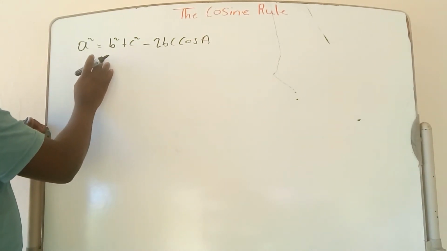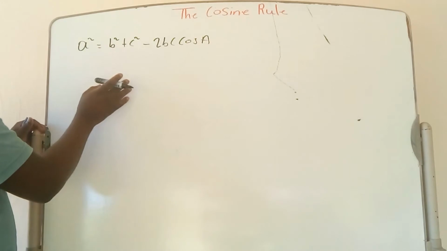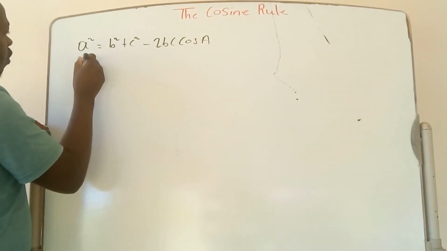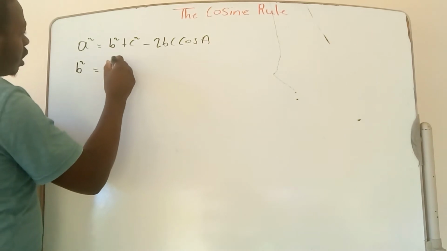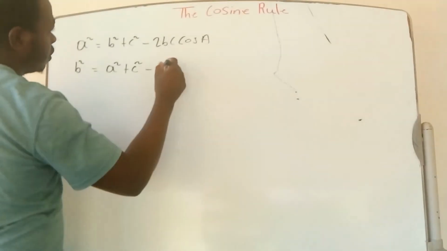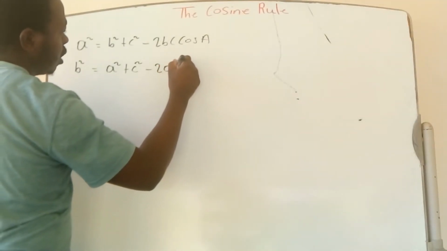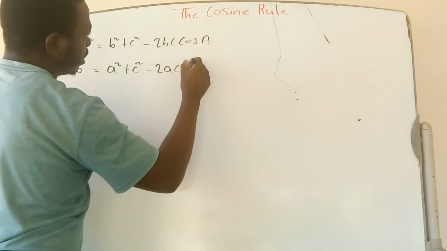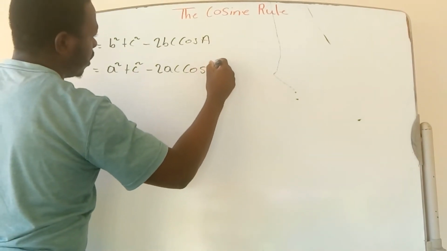But what if you want to calculate the length of b? I'm not going to show you the proof for this, but basically b squared is equal to a squared plus c squared minus 2ac cos of the angle here, which is cos of b.